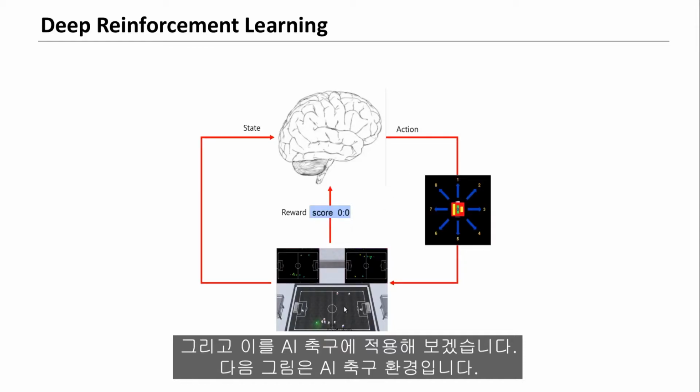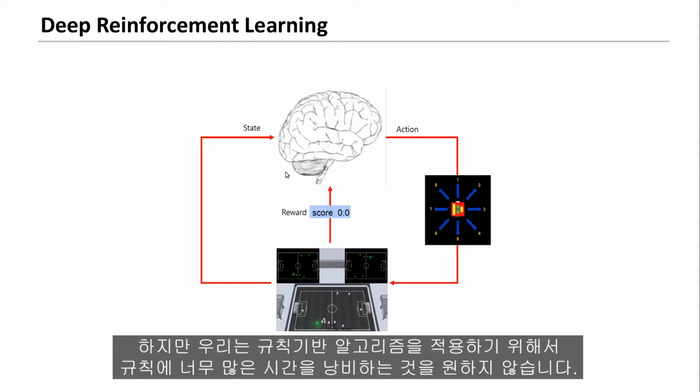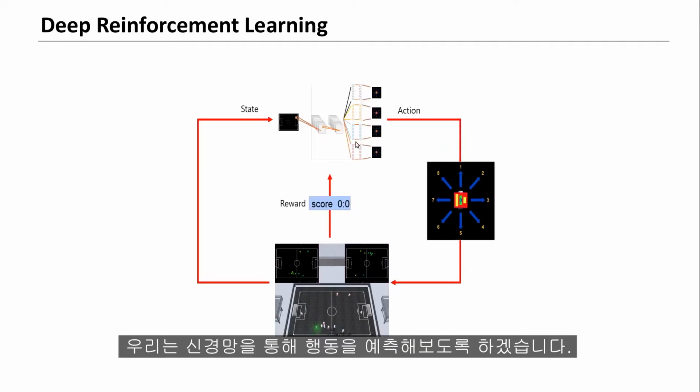Here we have our AI soccer environment, and the reward, for example, can be our score or can be different. In rule-based algorithms, we use our knowledge regarding soccer to choose the action, but we don't want to spend a lot of time designing rules for our rule-based algorithm. So we're going to try to put a neural network in to predict the actions for us.